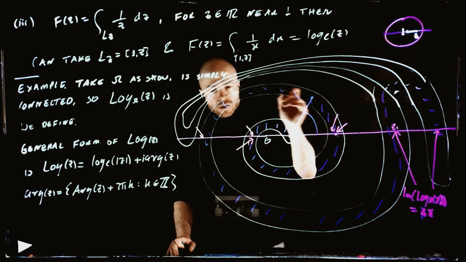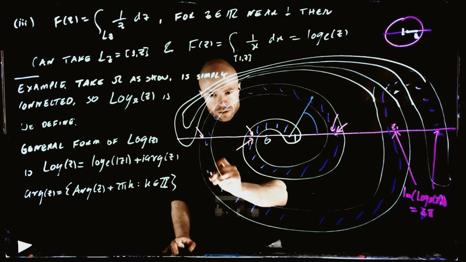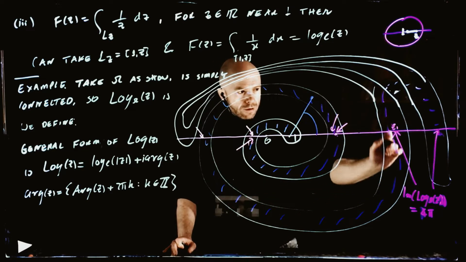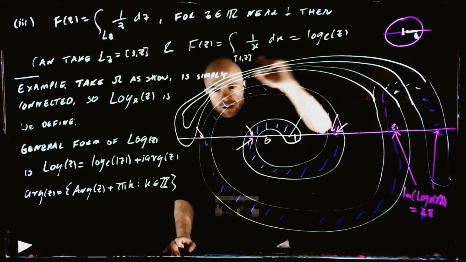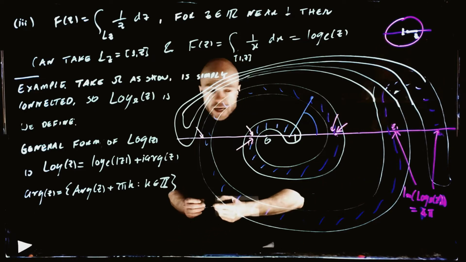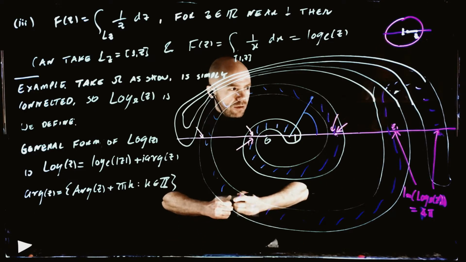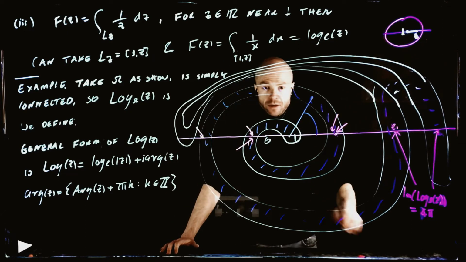So indeed, as you go like this, you're going to take another value of 2 pi every time you go counterclockwise, and then you unwrap it going clockwise like this. So we have much more freedom, much more power in our ability to define a complex log.